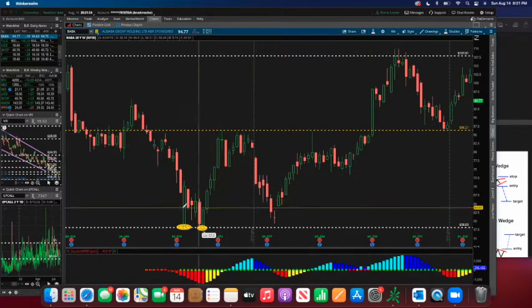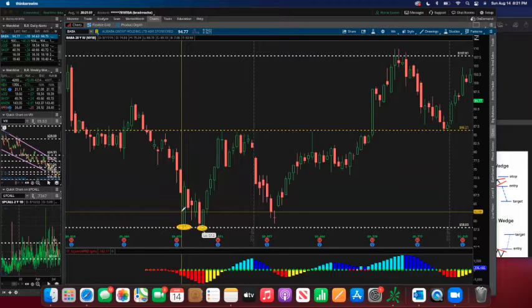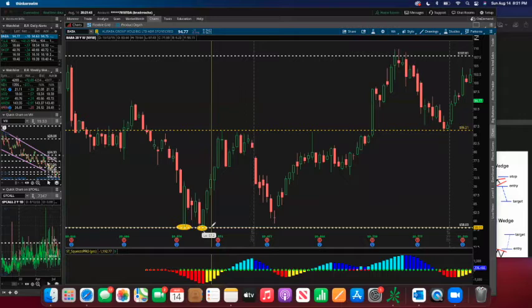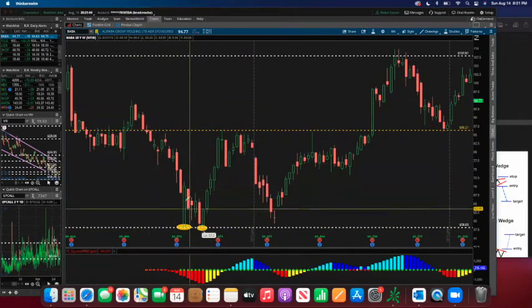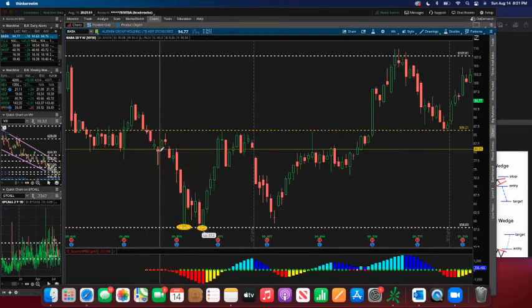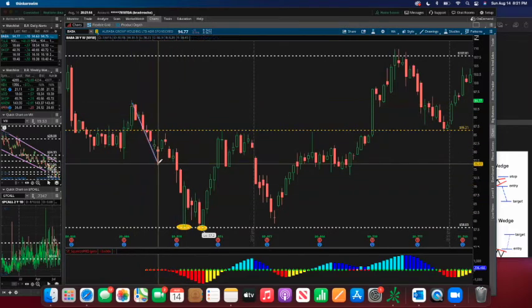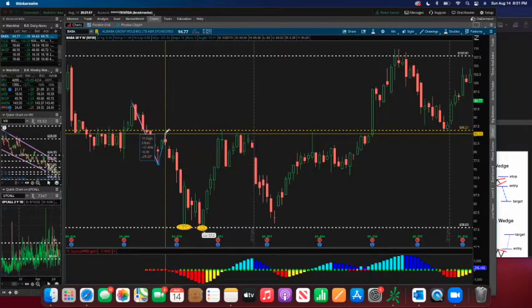So the concept of this double bottom means that the stock is refusing to go lower. So you understand the trend. Obviously, this trend here is down, right? The stock is heading downward, and it's making a series of lower highs and lower lows.